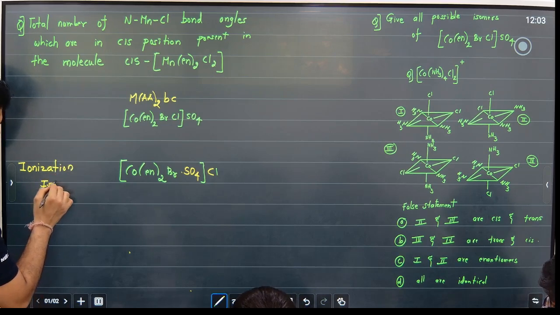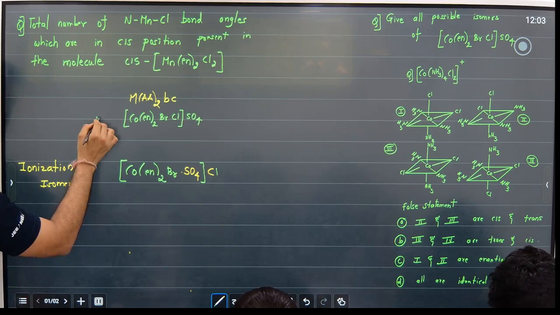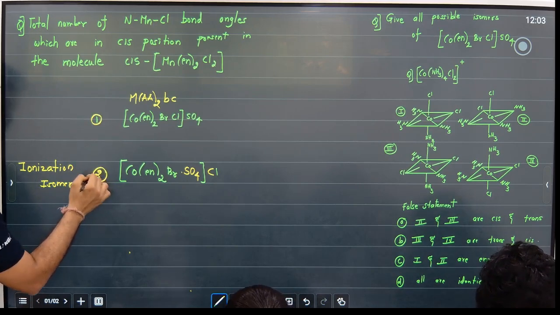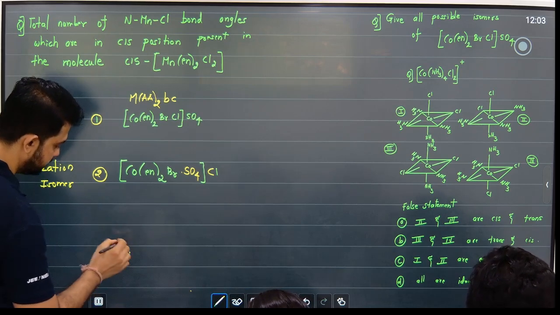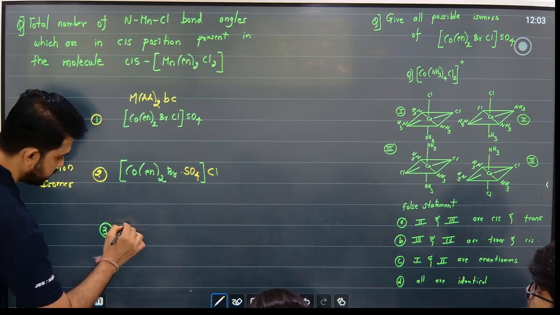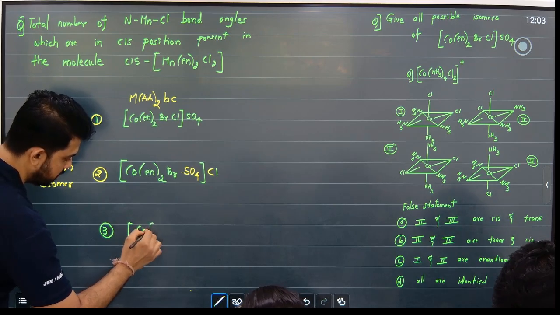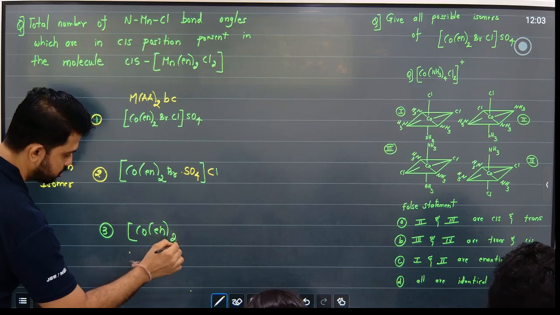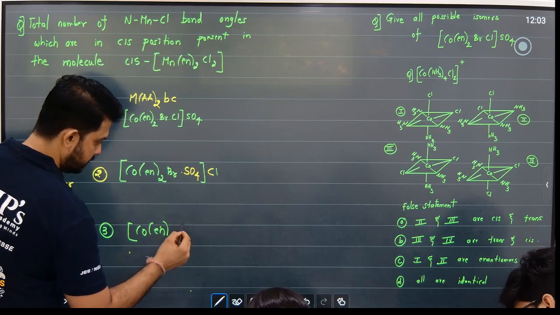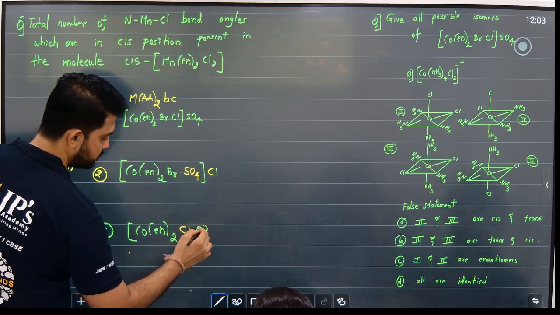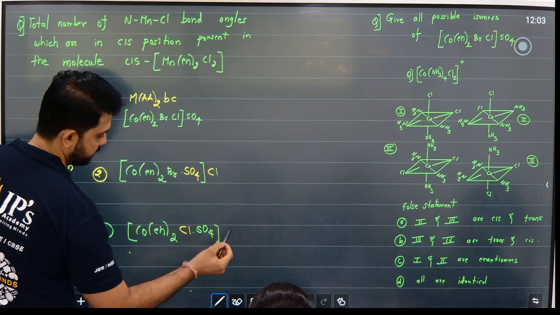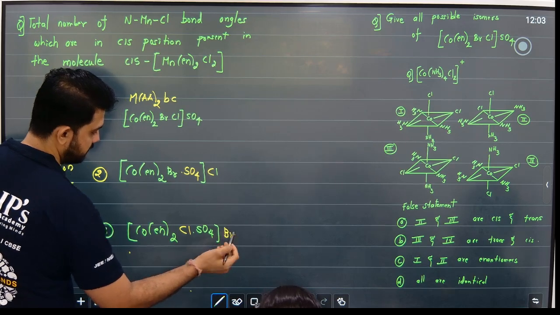So what we first wrote, we can have this as the ionization isomer. Can we have one more ionization isomer? Tell me. [Co(en)2ClSO4]Br. Understood?